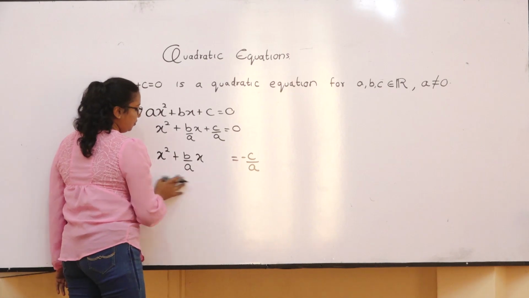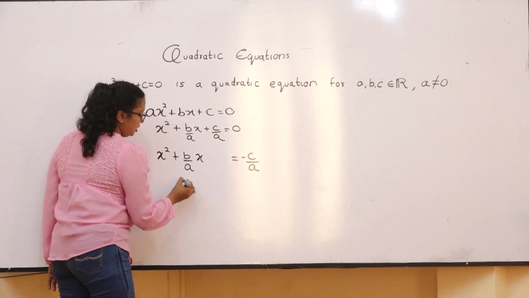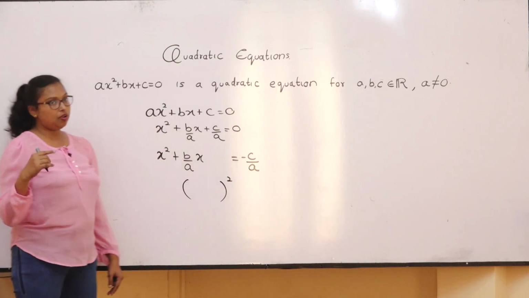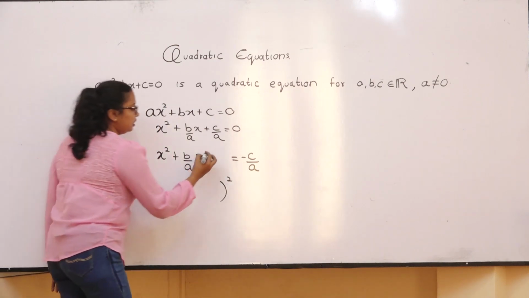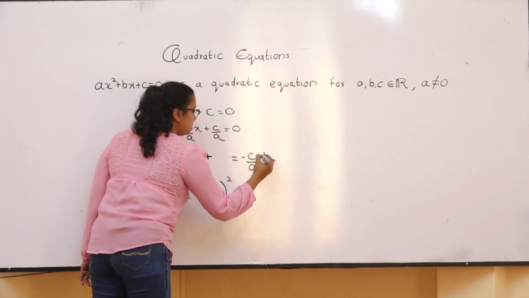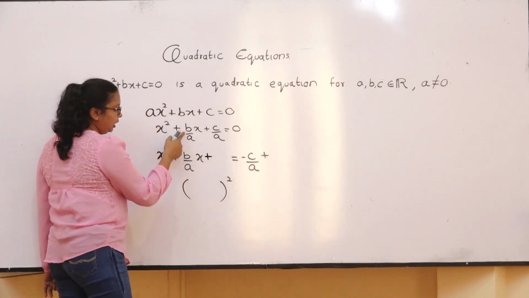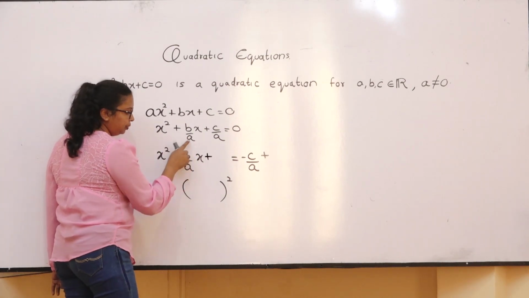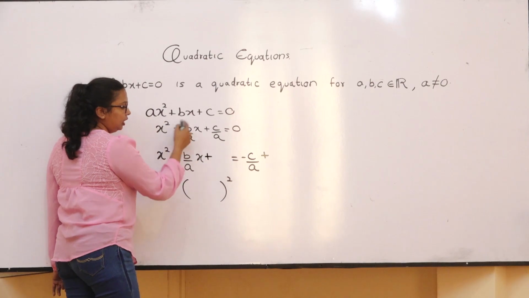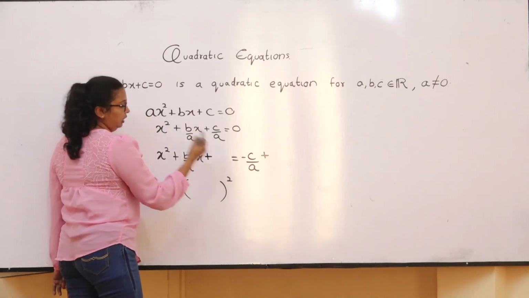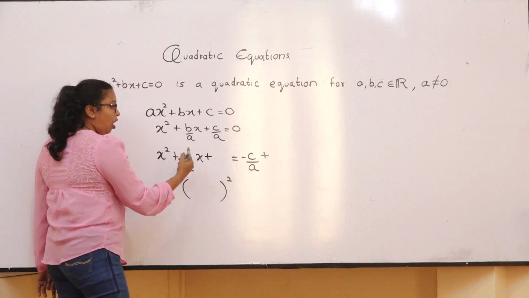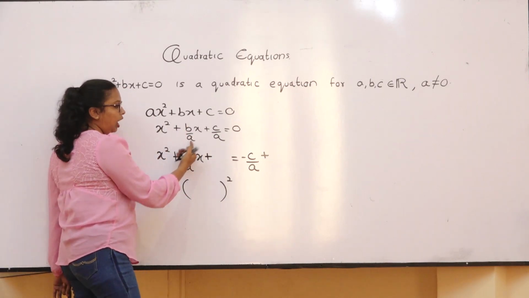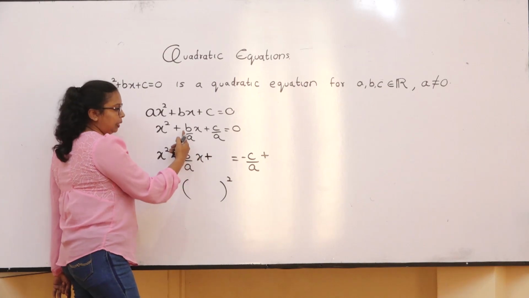What I need to do now is write this as a perfect square. In the completing the square method you have learned that to form the constant term, you have to add the square of half of the coefficient of x to both sides.